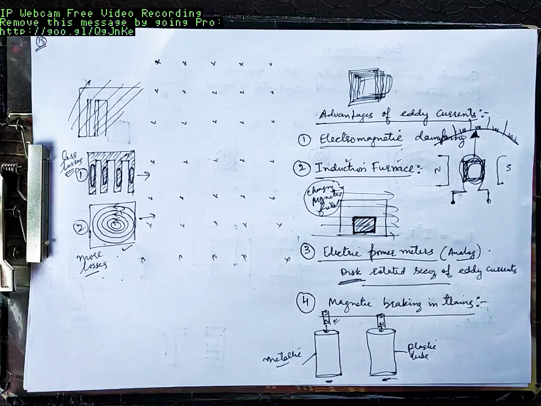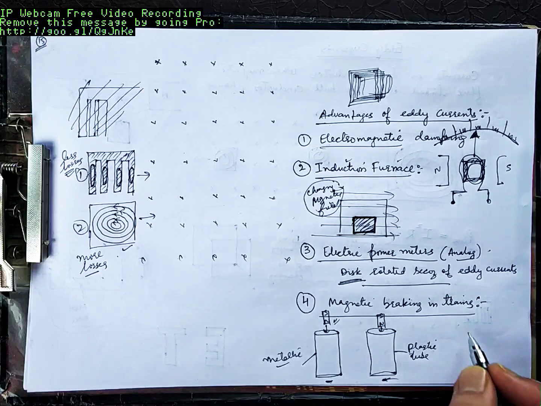The same concept is used in magnetic braking. In magnetic braking, what is basically done? There are strong electromagnets attached to the trains above the rails. You know rails?